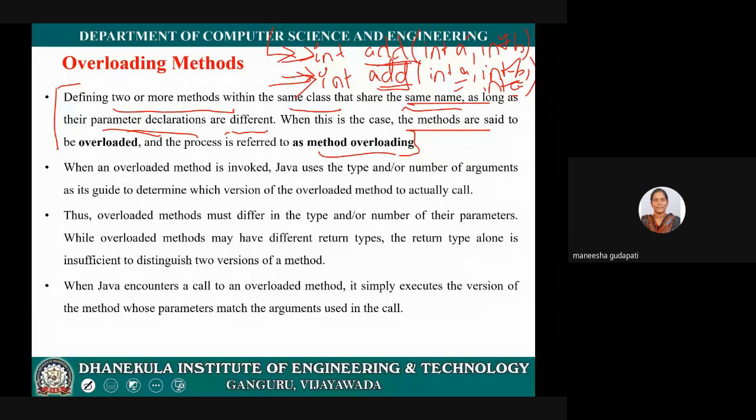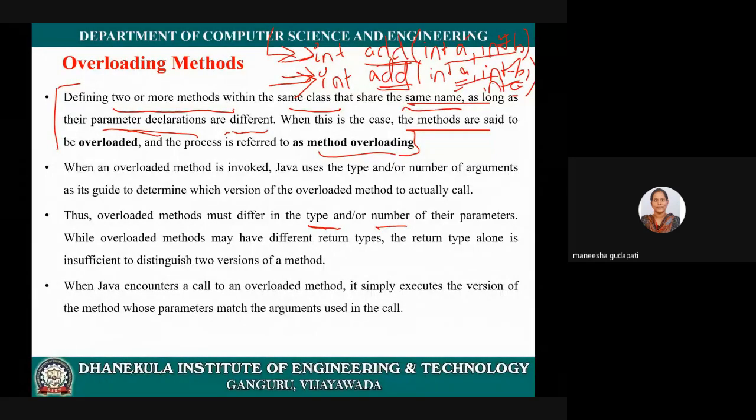So how can you differentiate your parameters? Either by the type or number of parameters, and also the order of parameters. In which order are you passing the parameters? Type means based on data type, what data type you are using. Based on the data type, you can differentiate two functions, in the same way based on the number of parameters.